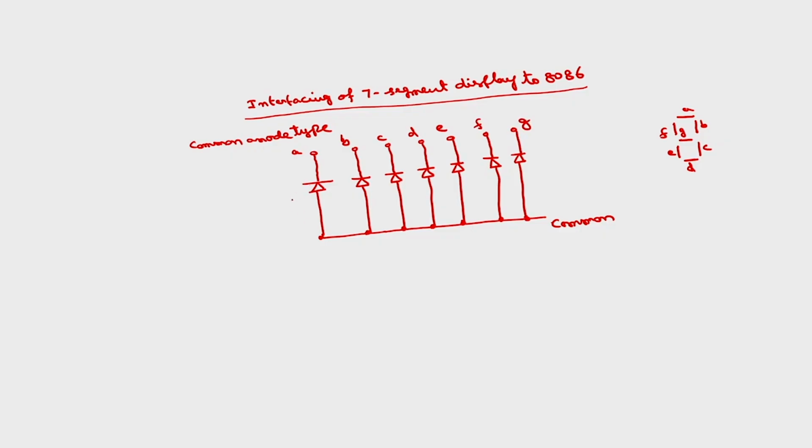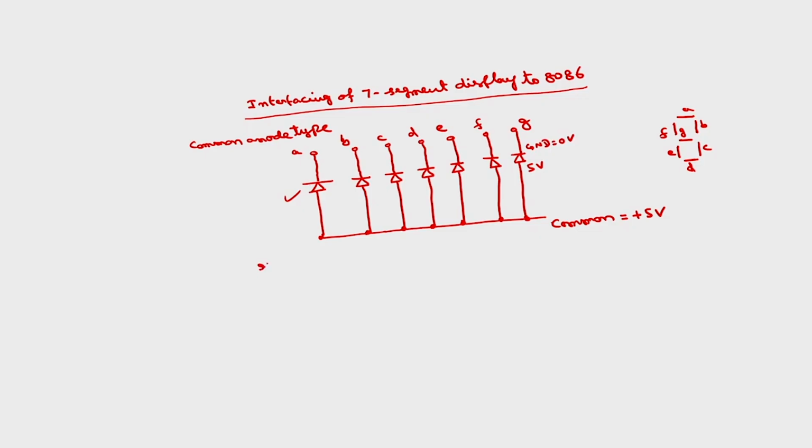Now, to glow any LED, if I want to glow this, the anode is connected to common, which has to be connected to plus 5 volts. To glow an LED, this anode should be plus 5 volts, and this should be ground or 0 volts. Okay.